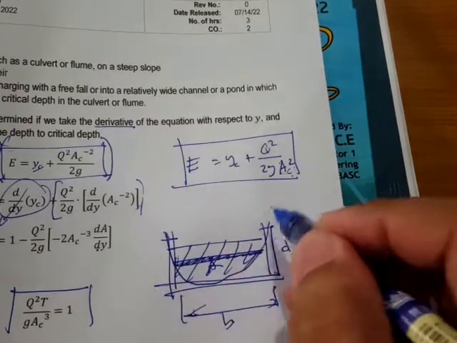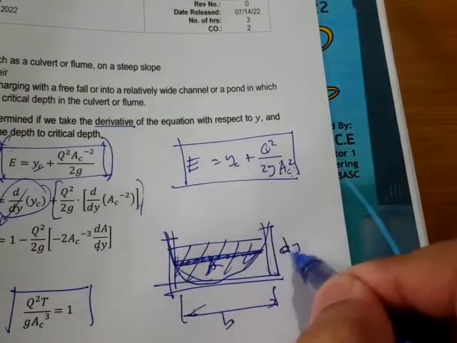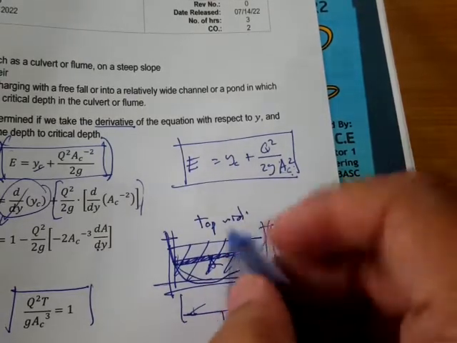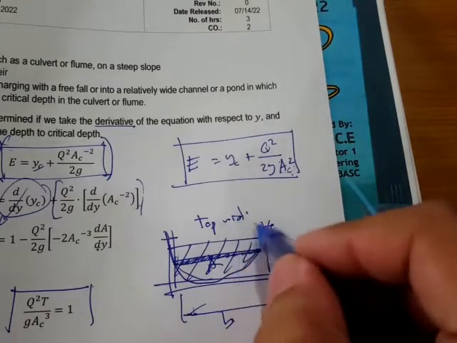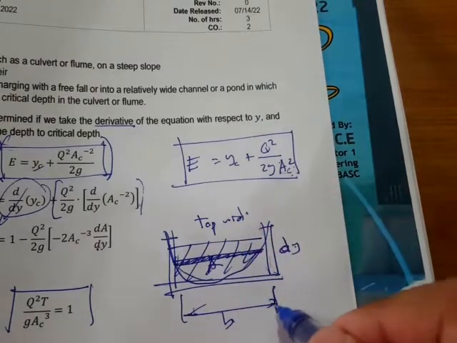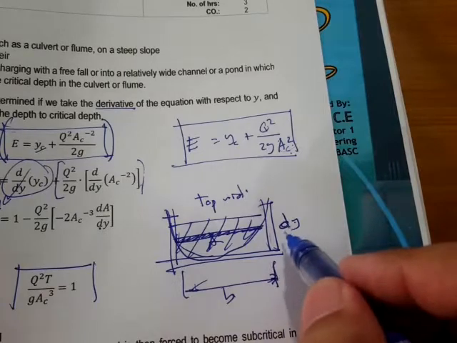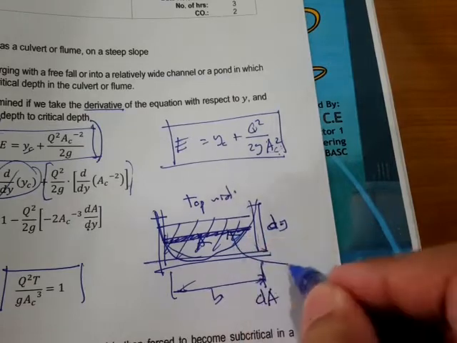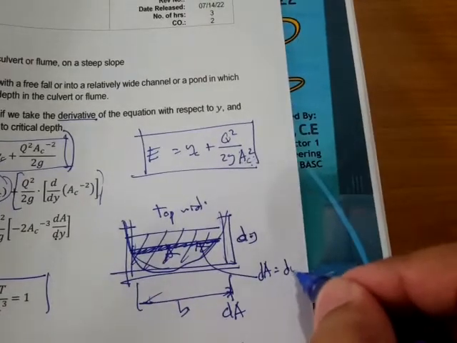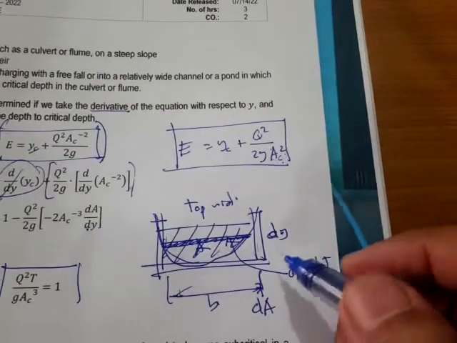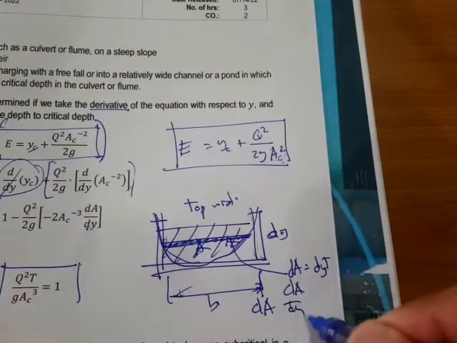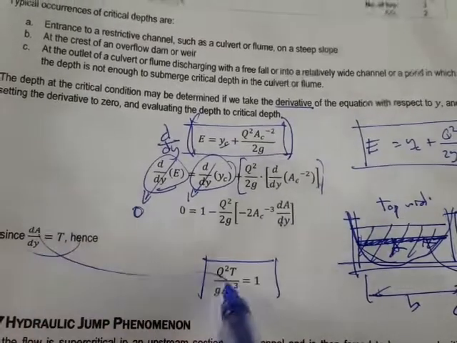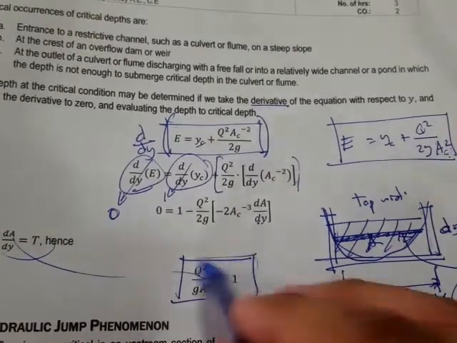Whether we have an irregular shape or something, we can use that. And this refers to our top width, right? So actually it must be T, or big letter B, which I sometimes use. So the differential area dA is equal to dy times T, and dA over dy is equal to T. That's the relationship that I've written right here. And if we substitute that, the simplified equation is this one.